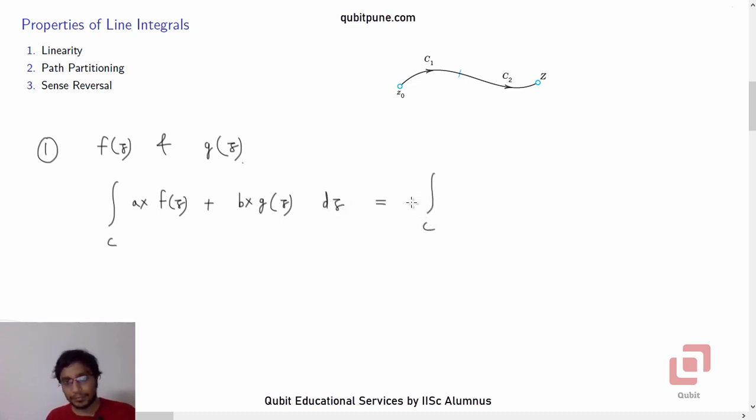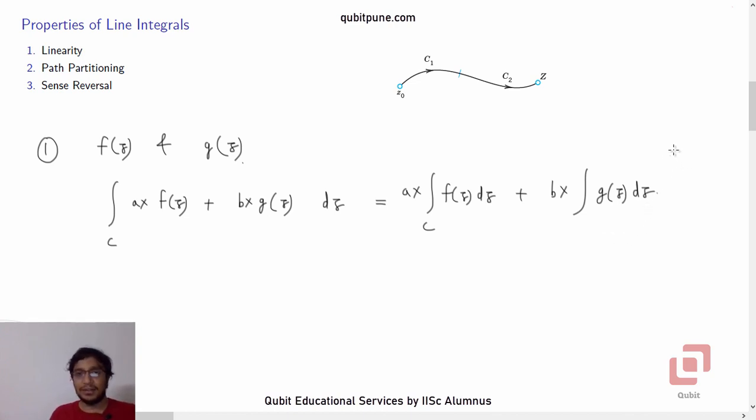This will be a times the integral of f plus b times the integral of g. That is the linearity property.